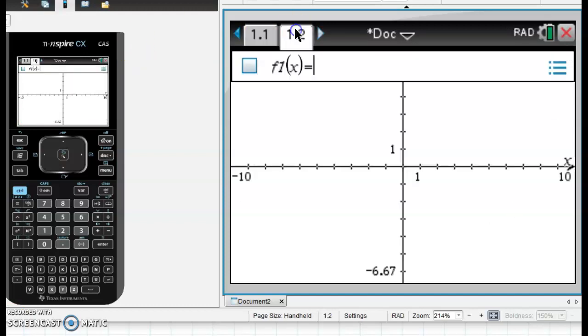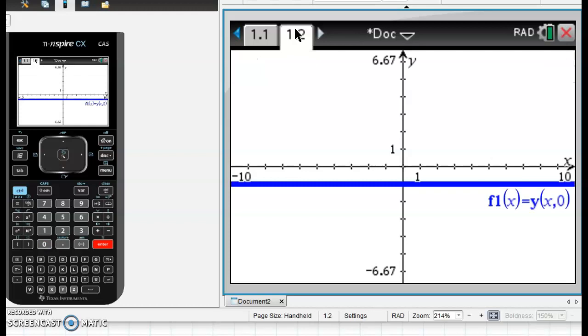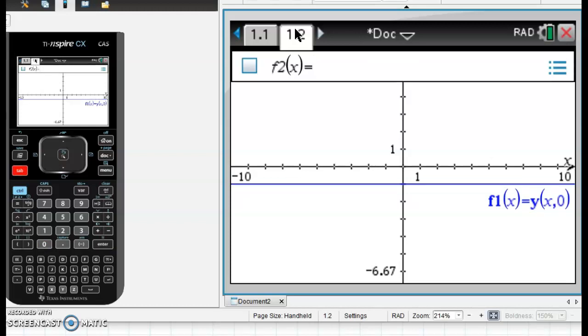So I have over here a graph page, and I want my first function to be y of x,0. Notice that we have the bold y because the calculator is recognizing that that's something that I already defined. Yep, that's the function negative 1. That was what I wanted.